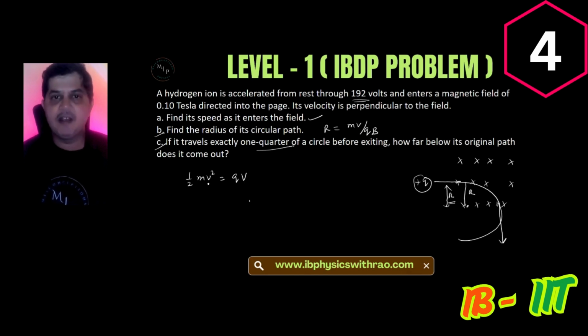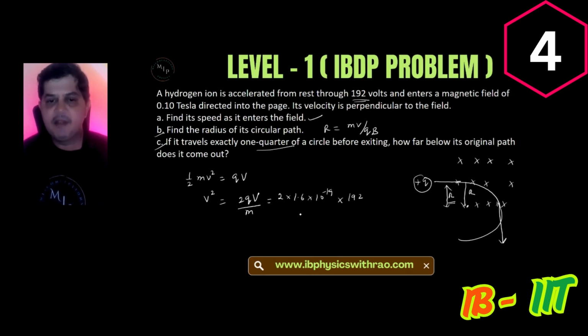From here we can find out the velocity. We can write v square is equal to 2 times Q into V divided by m. Now let us substitute all the values over here: 2 multiplied by 1.6 into 10 to the power of minus 19 multiplied by 192, divided by the mass, which is 1.67 into 10 to the power of minus 27.